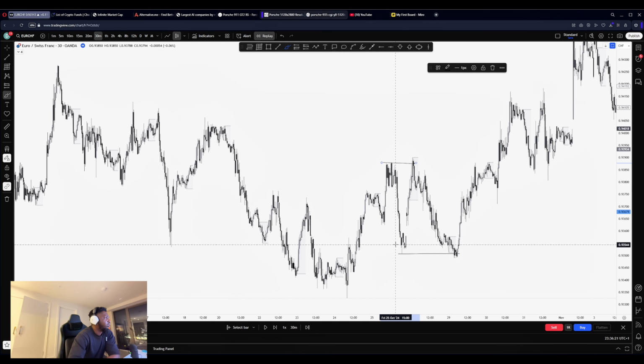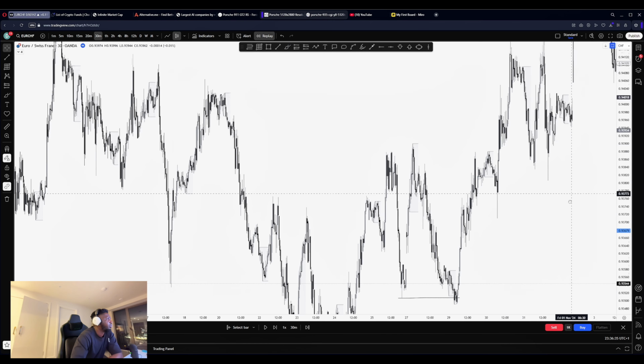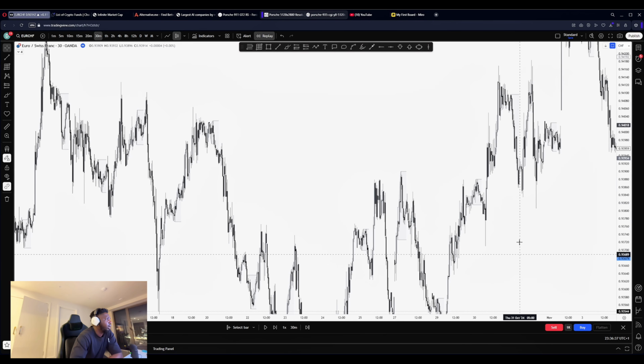So this here now, yeah, so we have a break of market structure. Sorry, I got confused there. So we have a break of market structure here, right?